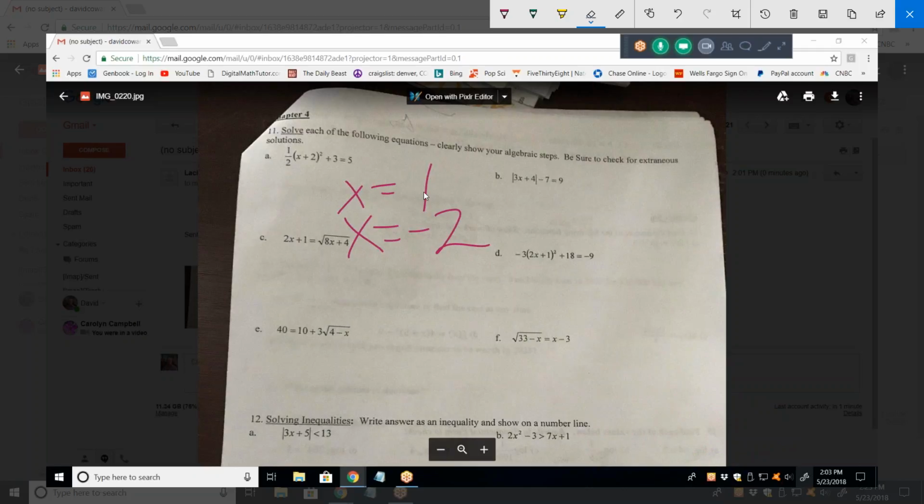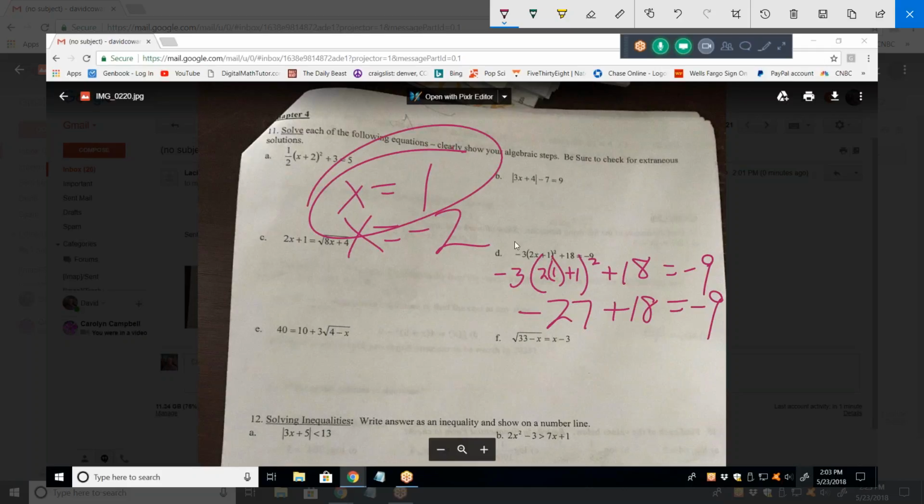Okay? Now, if I try these, what do I get? Minus 3 times 2 times 1 plus 1 squared plus 18 equals minus 9. Is it the same way? No, it's not the same thing. That's 3 squared. So that's minus 27 plus 18, which does equal minus 9.